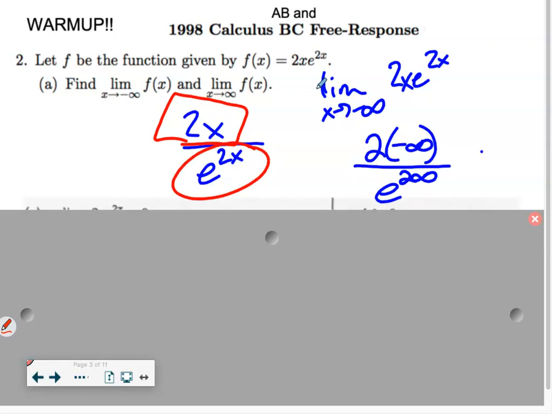When we have a polynomial over an exponential and we do the limit as x approaches infinity, this whole thing is going to go to 0, right? So in this case, the limit as x approaches negative infinity, since it takes the e and pops it down to the bottom, you end up with an infinity that's growing slowly over an infinity that's growing really fast, and the whole thing ends up going to 0.